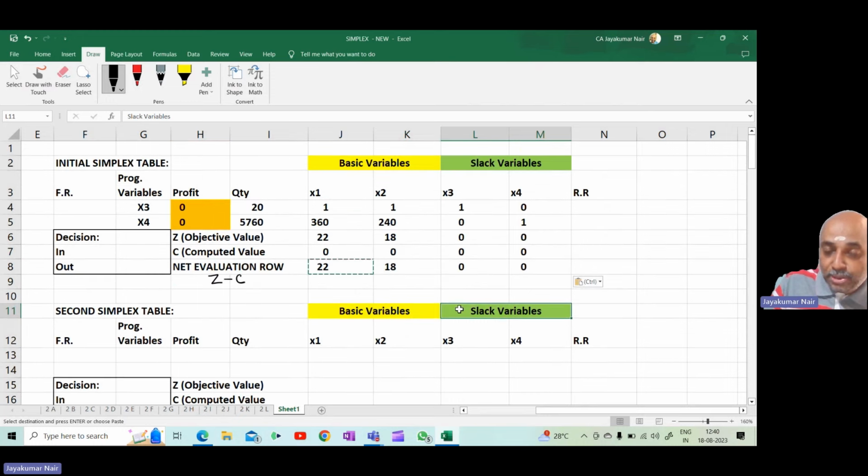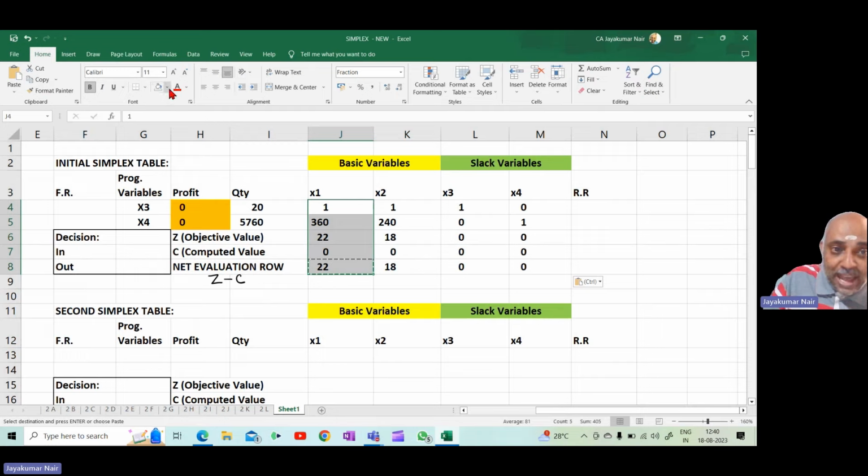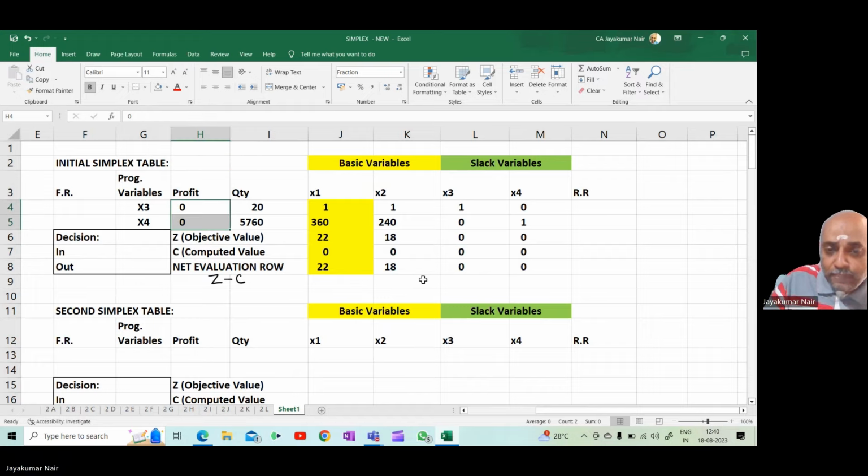Now, after you compute NER, for a maximization problem, you have to see what is the highest positive number. It is 22. 22 is the highest positive number. This particular column will be taken as the key column, because 22 is the highest value.